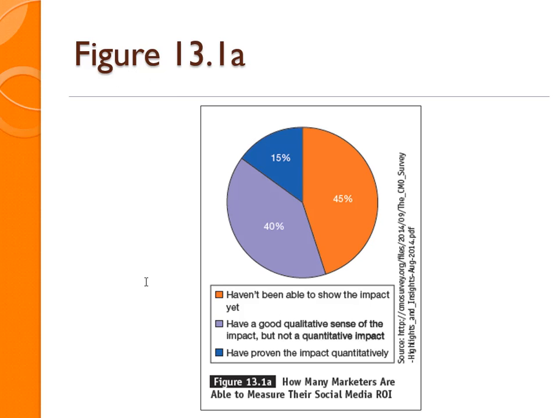So if we look at this graph here, we can see that almost half of the people who are using social media marketing haven't shown an impact yet of their dollars. And then 40% have a good qualitative sense of the impact, but they really haven't proven it yet. And then only 15% from the previous slide have actually proven the impact quantitatively, that is, with some kind of numbers.